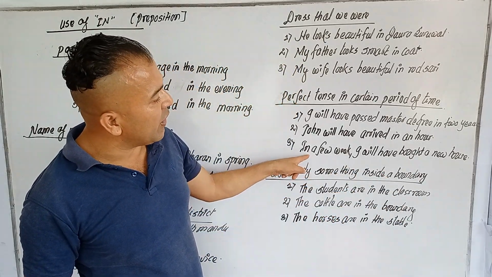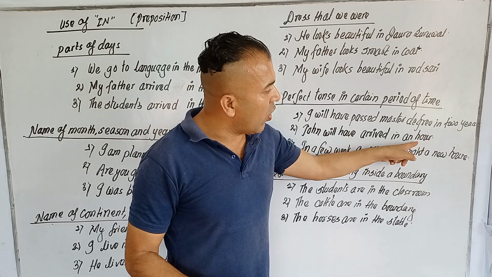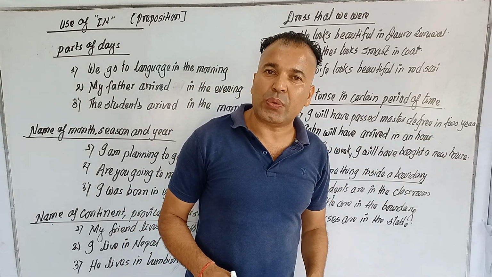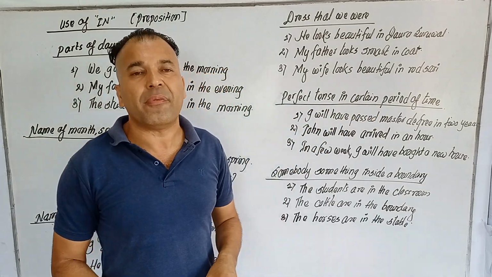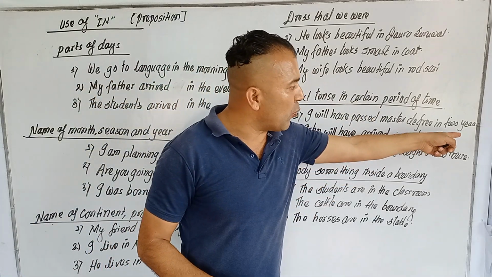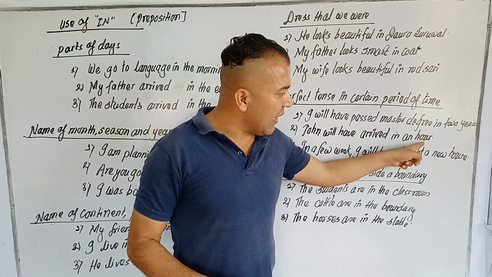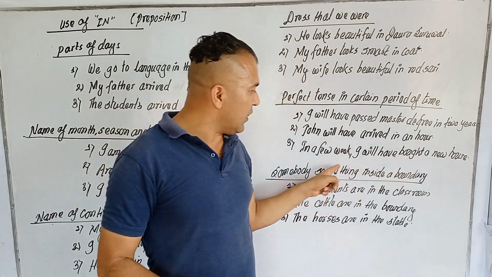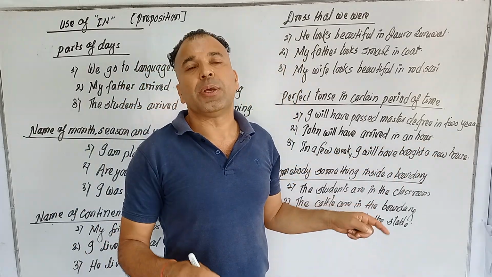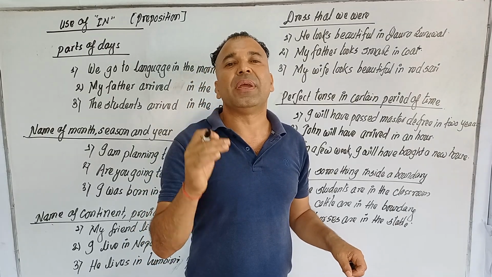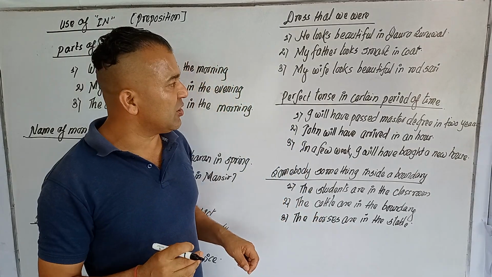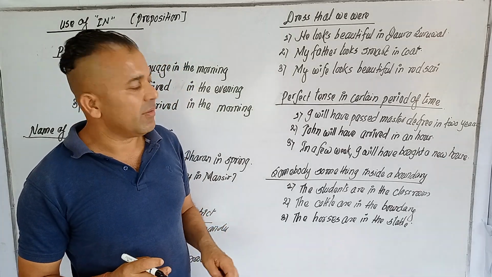In a few weeks, in an hour, in 2 years: these are the perfect tense in a certain period of time. This is the period of time: 1 year, 2 years, an hour, a few weeks. For a period of time we have to use the preposition "in."